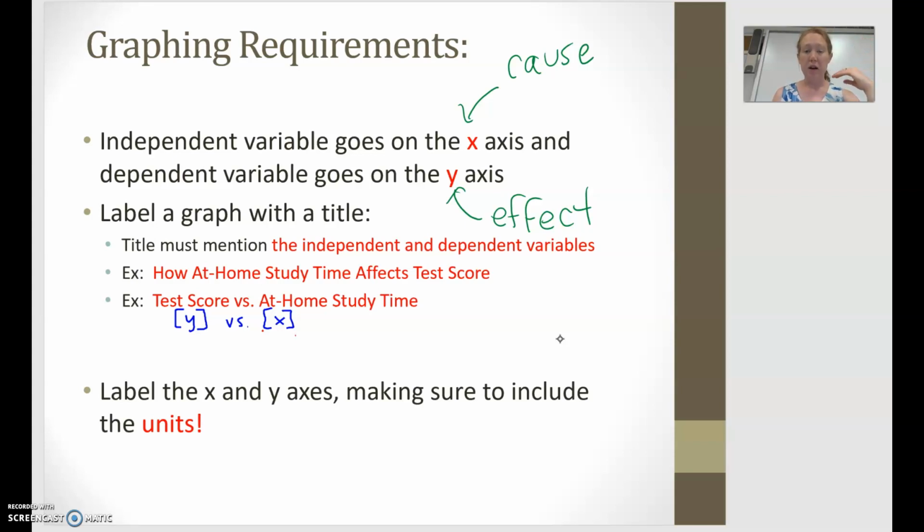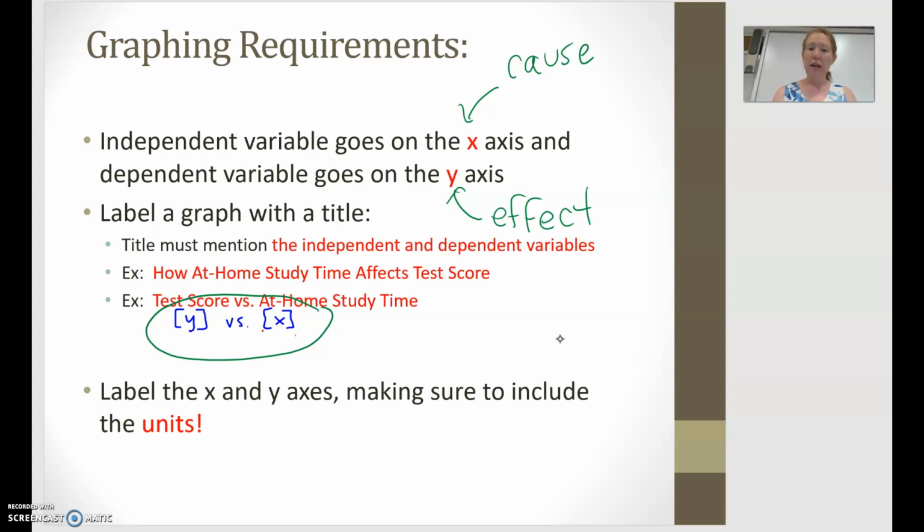And then when you title it, you must mention both variables. You can make a nice long title. I really like those. If you're going to take a shortcut and be lazy, you must follow this rule. If you're not going to say how the time you spend studying affects your test score, then you must say test score versus study time. You cannot do it the other way around. I didn't make up the rule, but sorry.